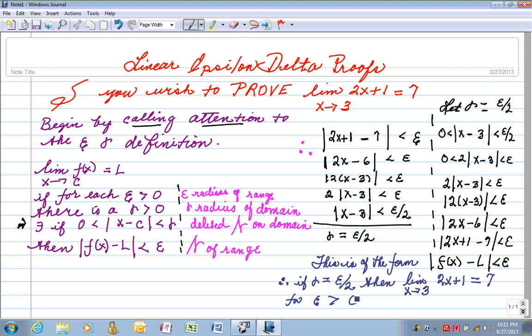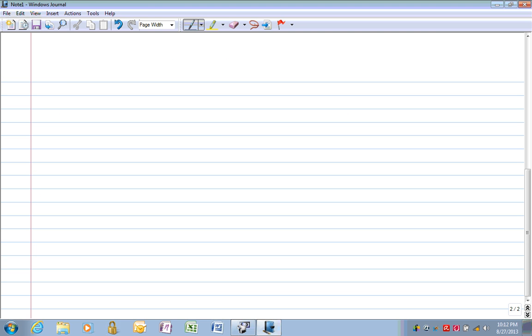Pretty cool, huh? Now, what a graph is going to look like with this, and I hate changing the pages, but I really don't have any room. So I'm going to change the papers, and remember, it was the limit of 2x plus 1 as x approaches 3 is 7.